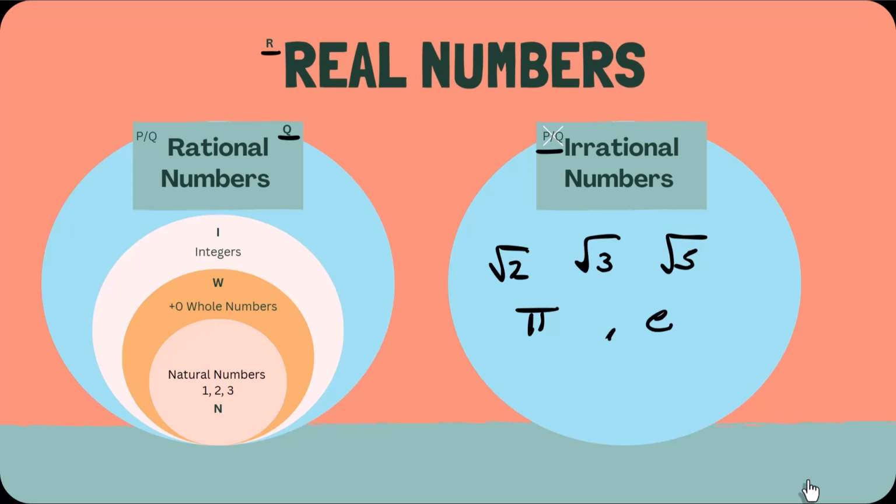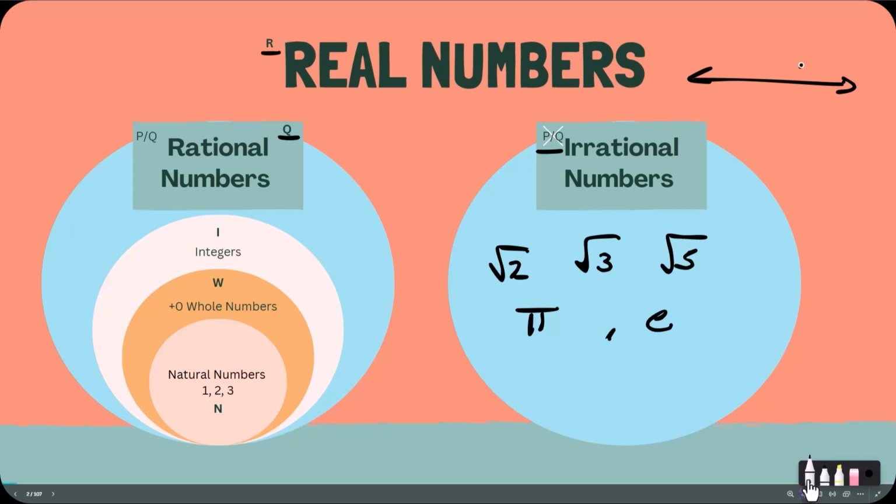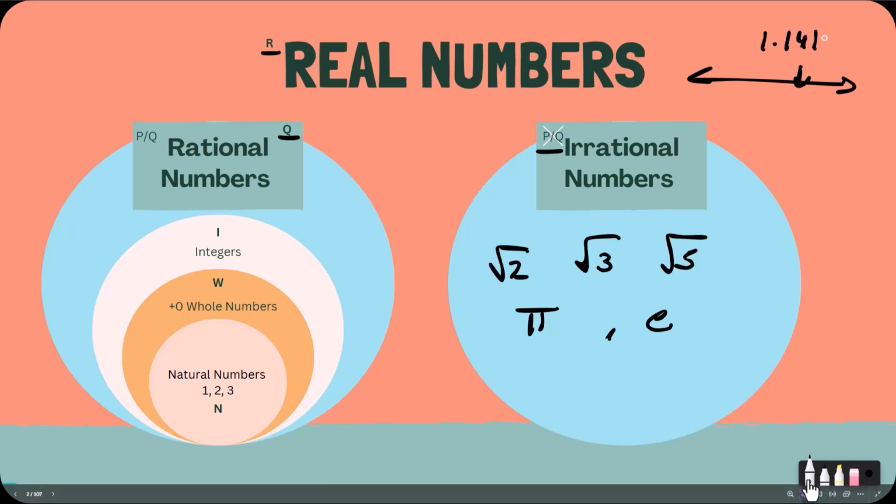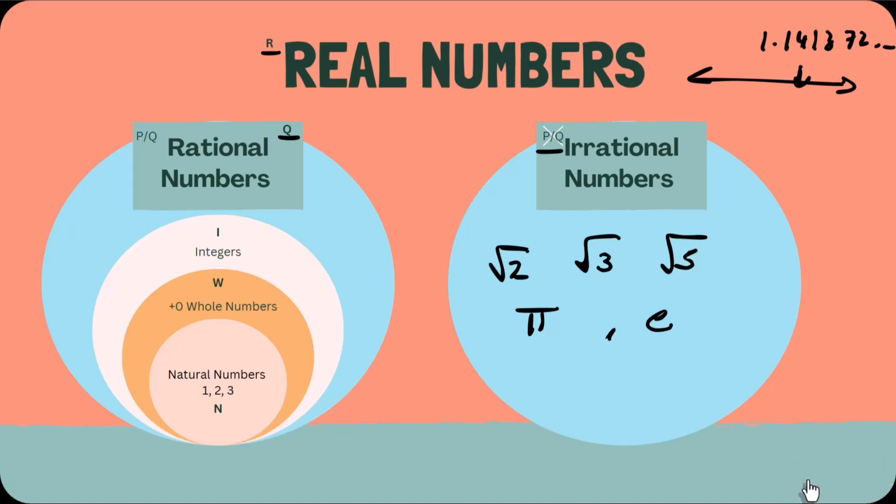The decimal expansion will keep on going and will not end. It's like 1.141372, different numbers, not repeating. We'll try to understand more about that.